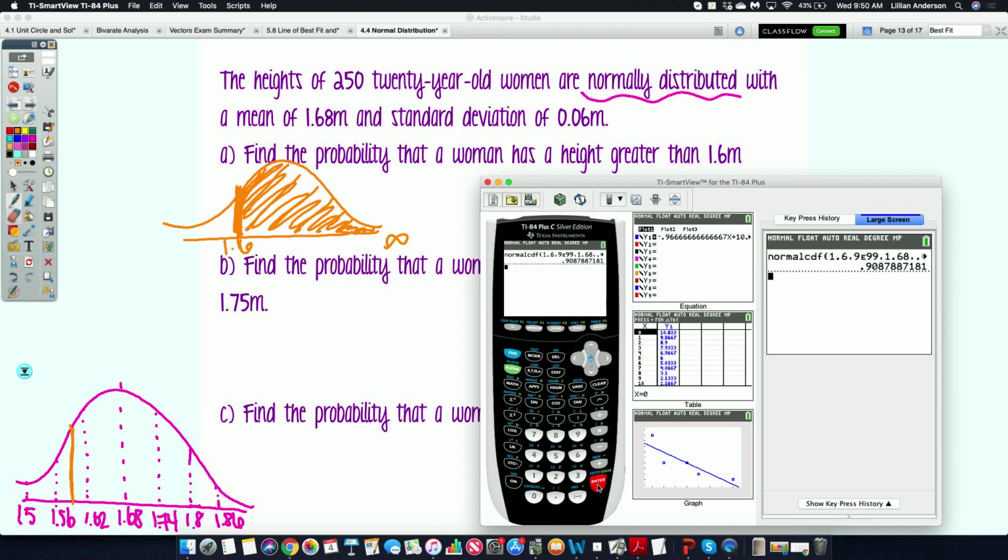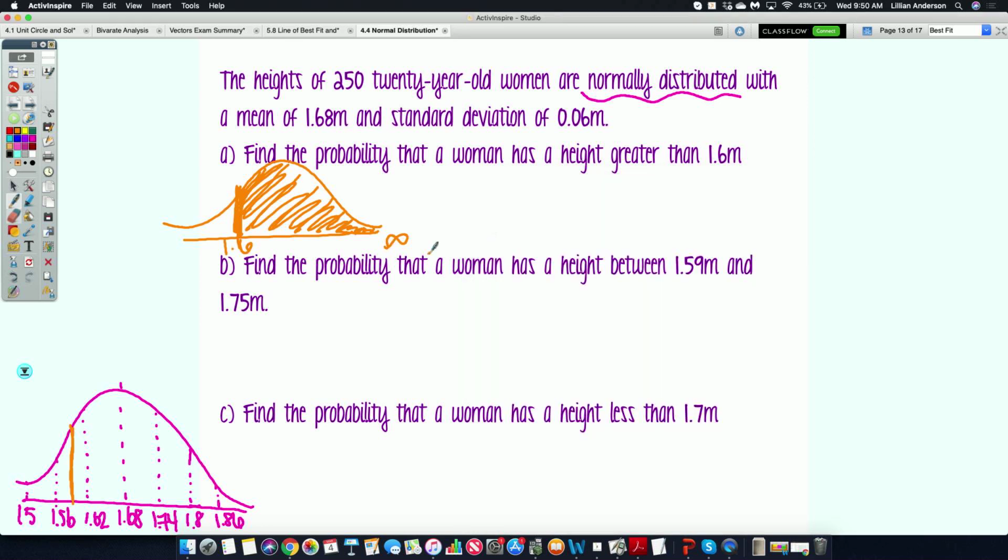What is that? 0.909. So the probability that out of these 250 women, their height was greater than 1.6 meters was 0.909. So about 91% of the women that they surveyed had a height larger than 1.6 meters.